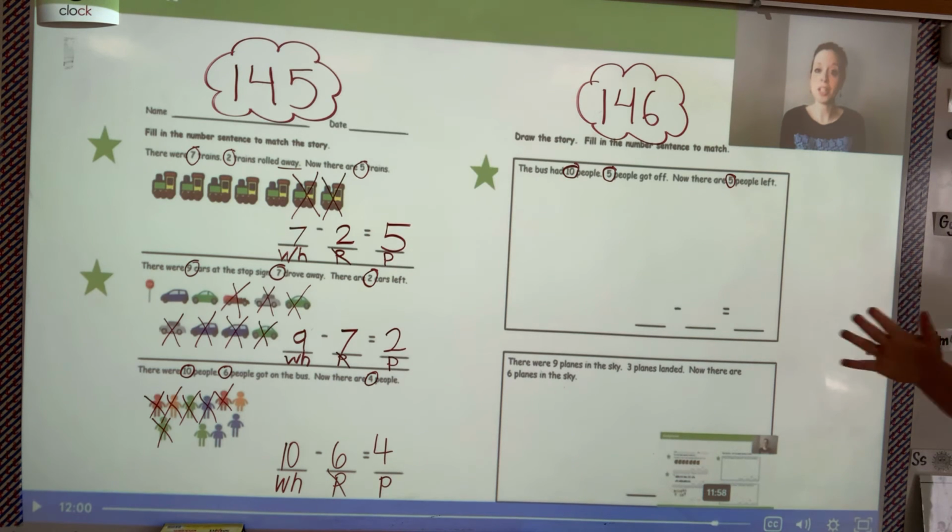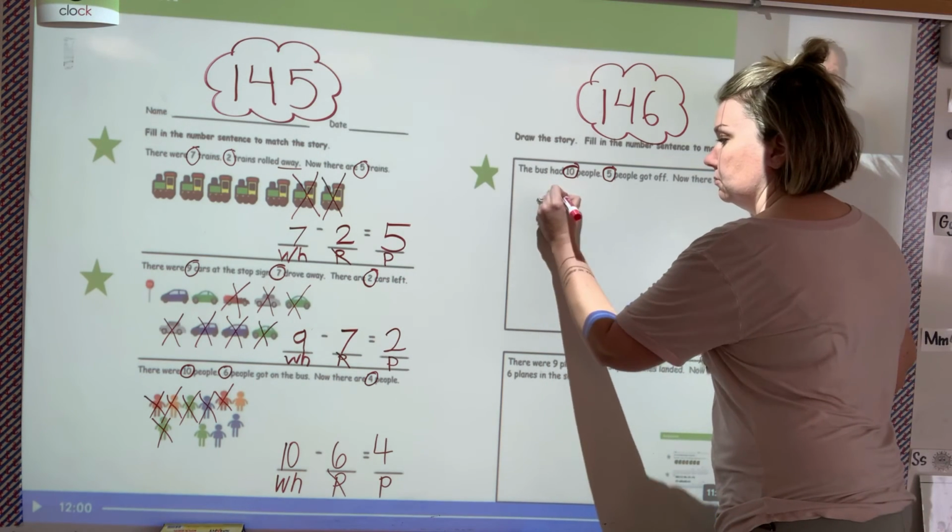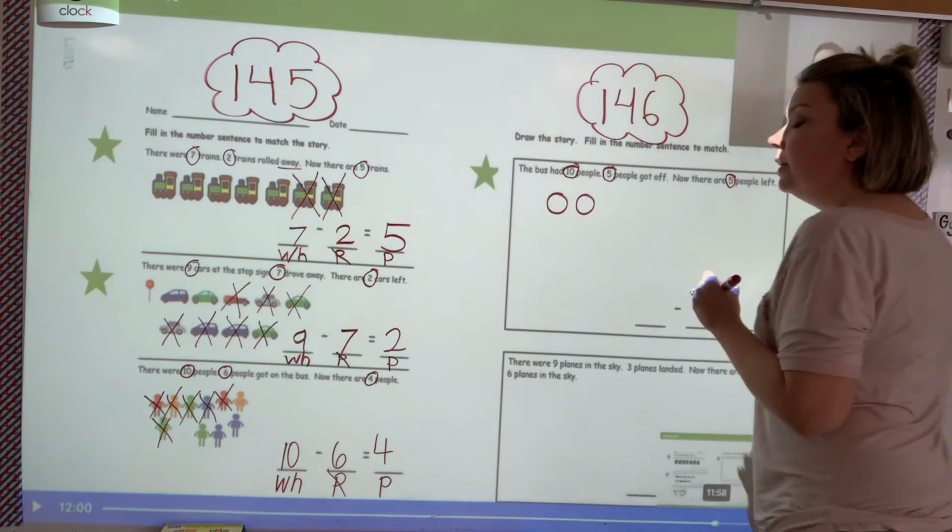What's my first step? Nicole, what's my first step? You first draw 10 people, then cross out 5 of them, and then there's 5 more left.